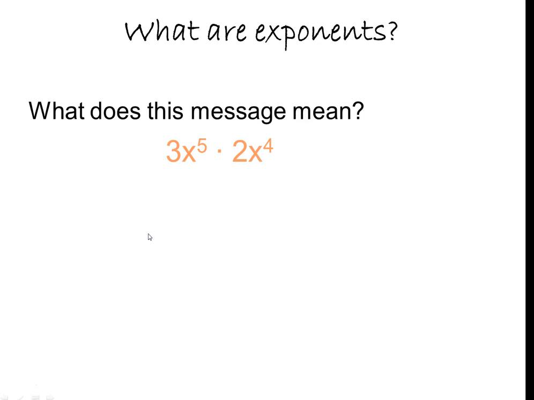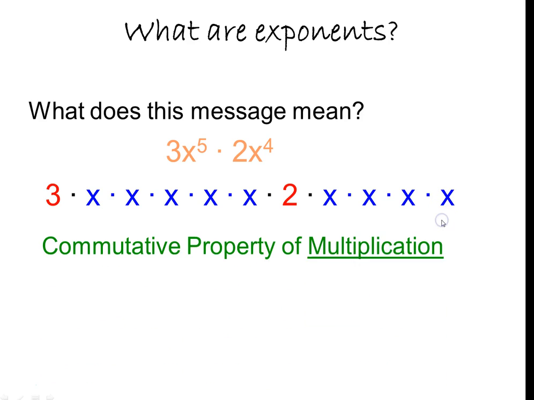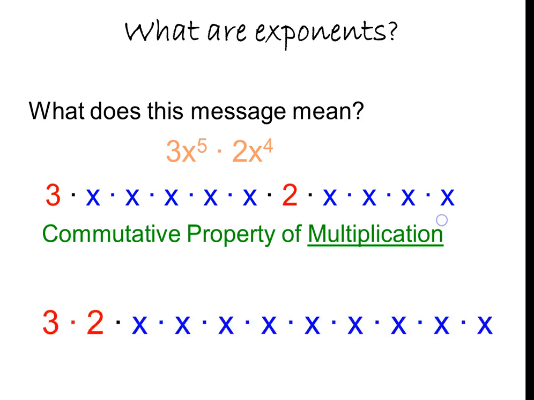Well, how does this work then? Let's look at this one right here. If we spread this out in expanded form, this says 3 times x to the 5th, and it's 2 times x to the 4th. How will this help us? Well, we'll use the commutative property of multiplication, which means when you're multiplying, you can kind of switch things around, can't you?